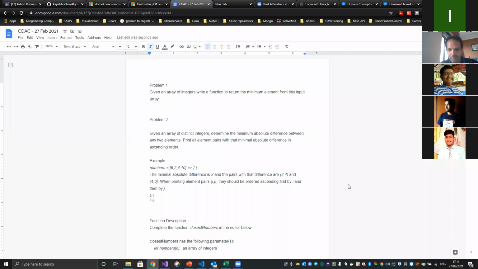But the requirement is that the difference between two elements is 2. We're not talking of the minimum right now. My question is a bit simpler. I'm saying how many pairs you can generate. Vikas is saying 6, Nilesh is saying 6, Barkha is saying 6. They are all right.